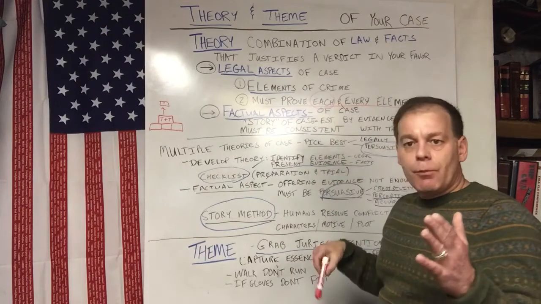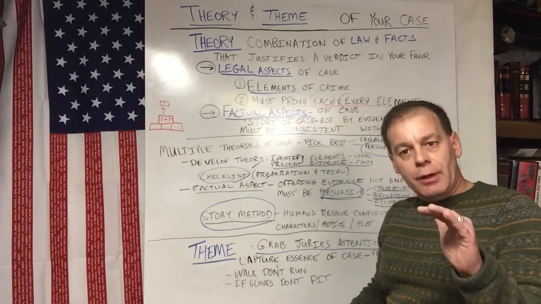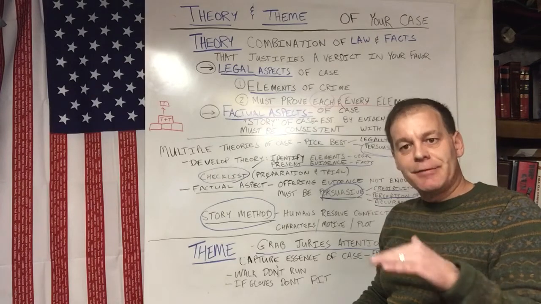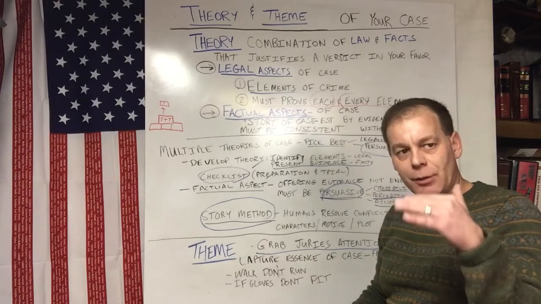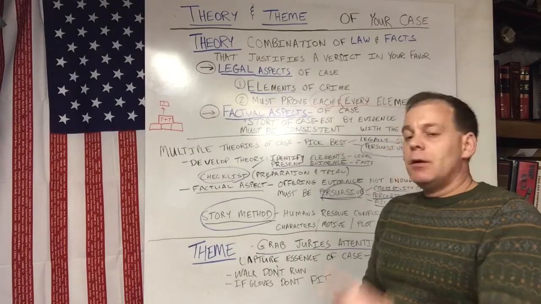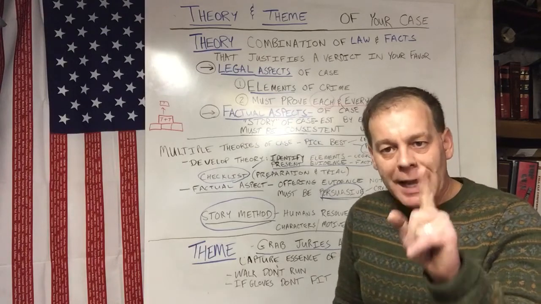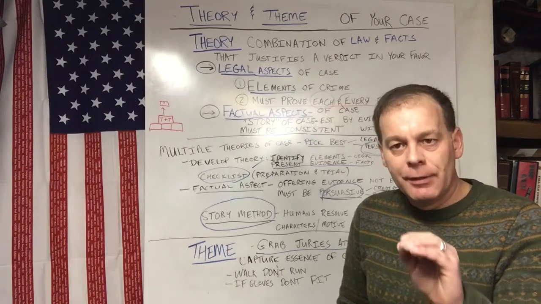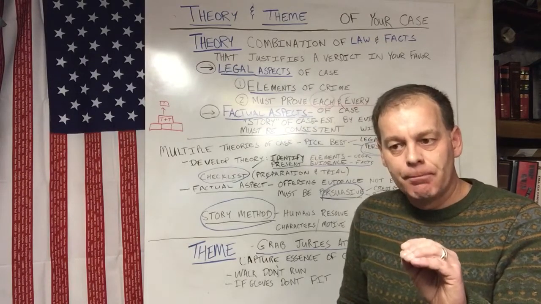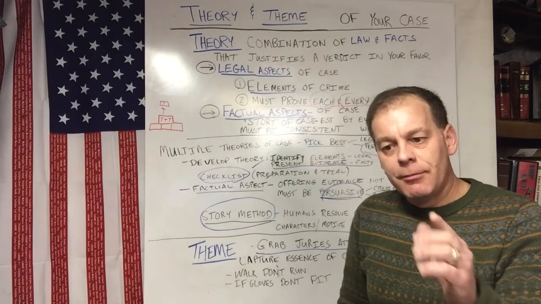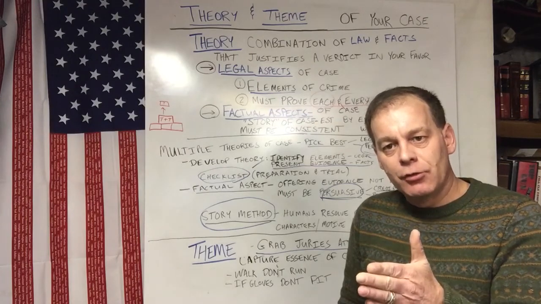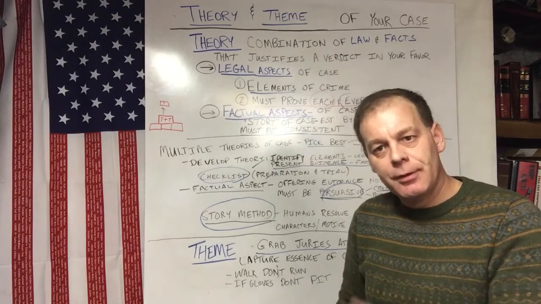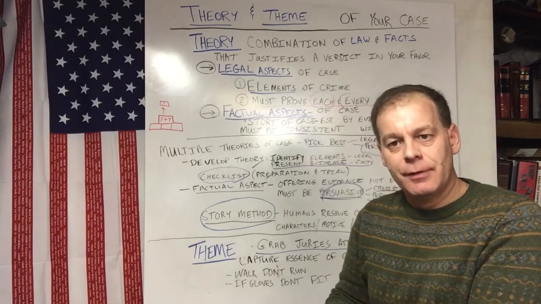And remember, we establish the story by using the evidence that we've been given in our mock trial. That's how we create our story. That's how we establish our story. A story, though, has to be consistent with the legal elements of the case. So there's a lot of factual aspects to your mock trial case. The facts that you present have to be consistent with the legal aspects of the case.